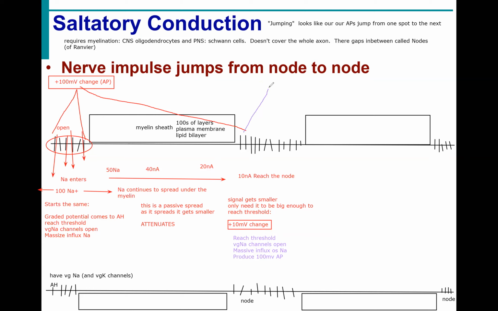Here we're going to get that big, huge plus 100 millivolt change. We get our action potential. And notice, it looks like our action potential has jumped to the first node.